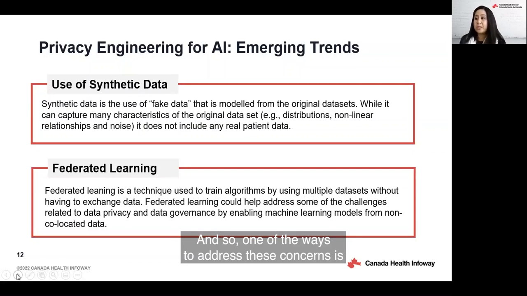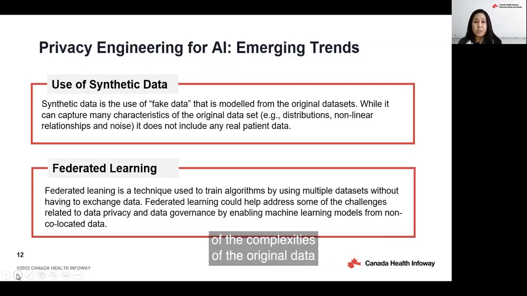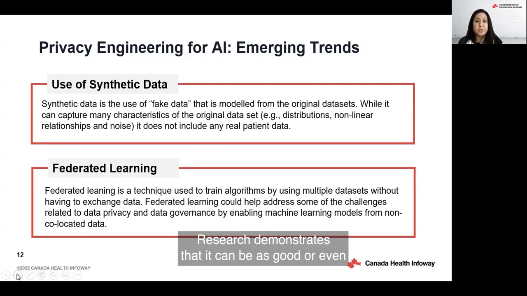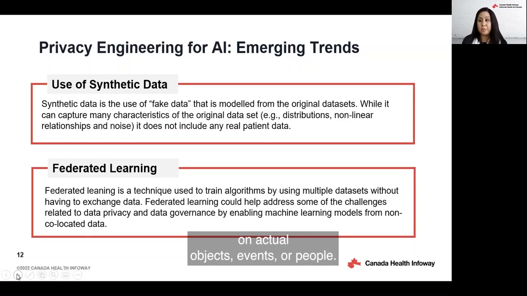And so one of the ways to address these concerns is to use synthetic data that captures as many of the complexities of the original data, but does not include any real patient data. So synthetic data is the use of fake data that is modeled from original data sets. While it can capture many characteristics of the original data set, it does not include any real patient data. Research demonstrates that it can be as good or even better for training an AI model than data based on actual objects, events, or people.